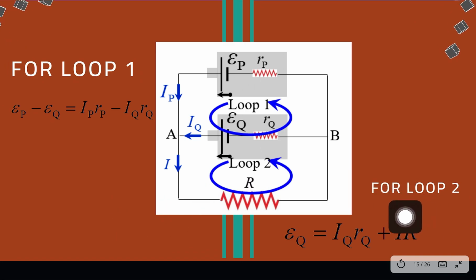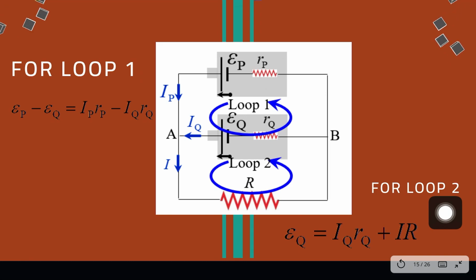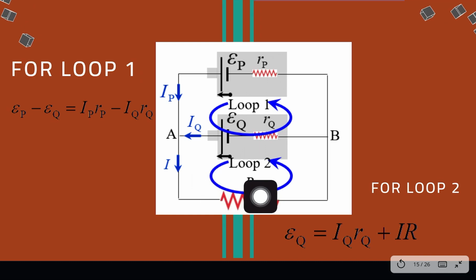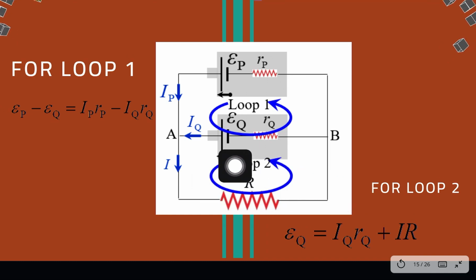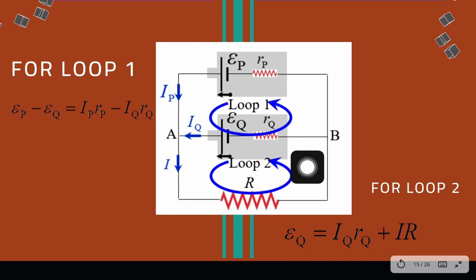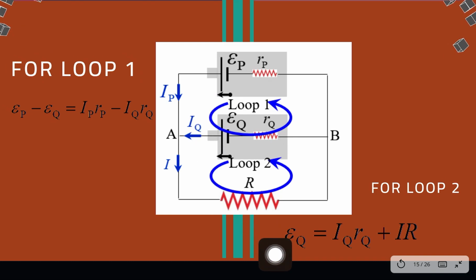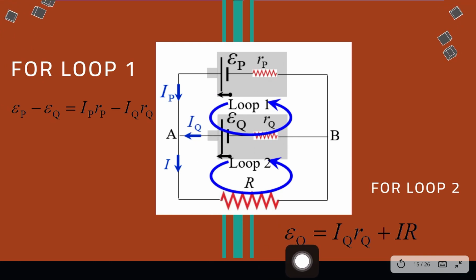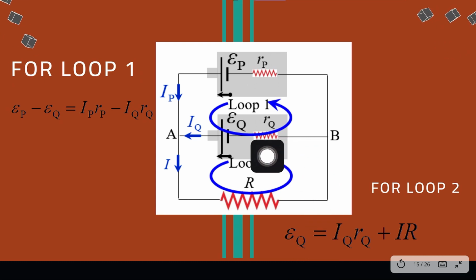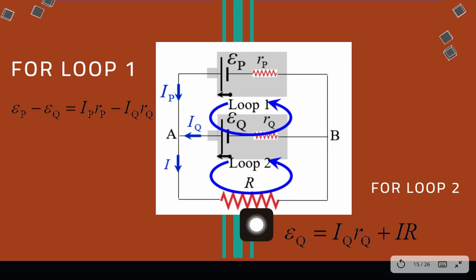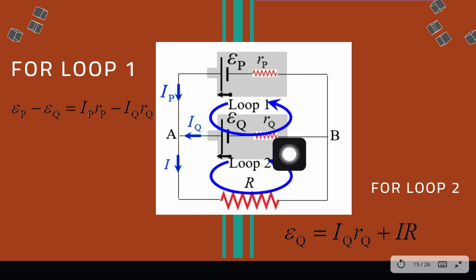Alright class, now we move to the second loop, loop 2. We start with the battery. The EMF here is only EQ. The loop is moving to the left and leaving the positive terminal of the battery, which means EQ is positive. Equals, we have two resistors, RQ and R. We start with RQ first.